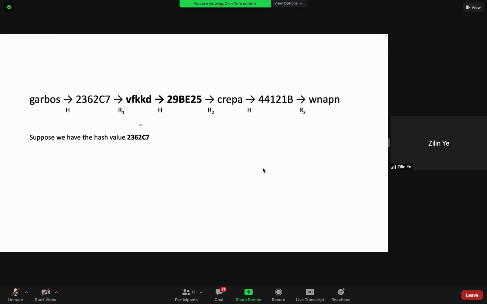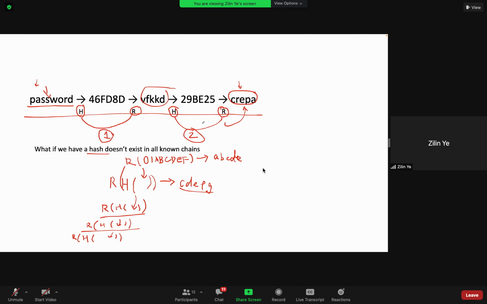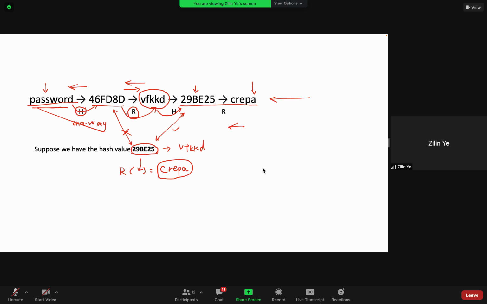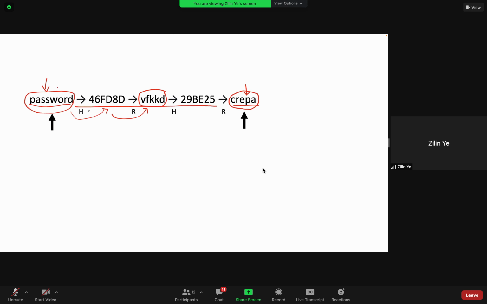Suppose we have a hash value, and this is the hash value we got from a database compromise. Now the problem is, I don't know the position of this hash value on the chain. With the very classic reduce function, I can just keep using the same reduce function again, because that is exactly how I produced this chain.